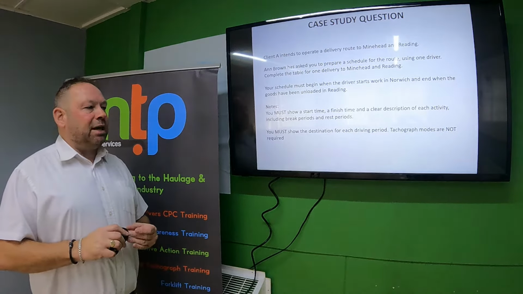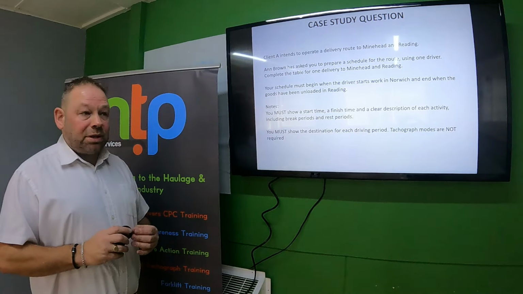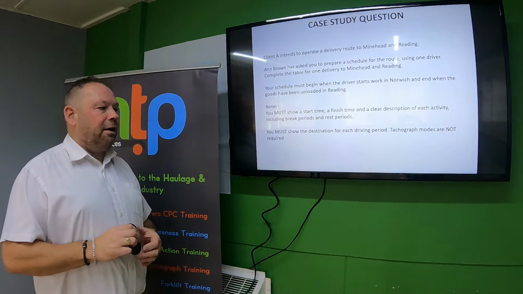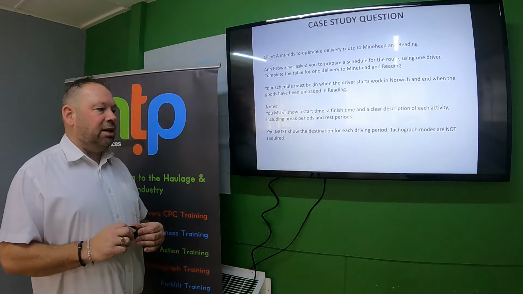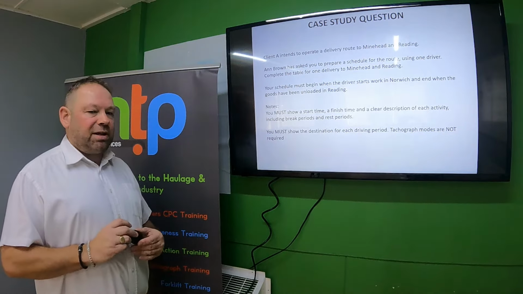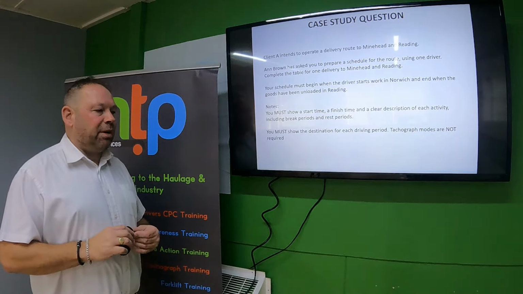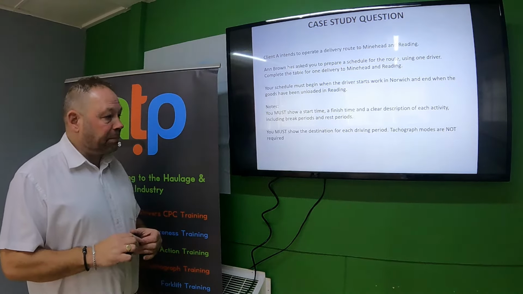Your schedule must begin when the driver starts work in Norwich and end when the goods have been unloaded in Reading. You must show a start time, a finish time, and a clear description of each activity, including break periods and rest periods. You must show the destination for each driving period. Tachograph modes are not required.